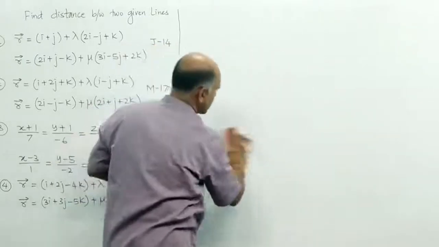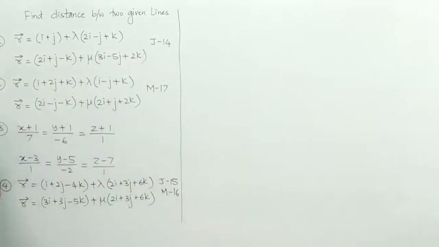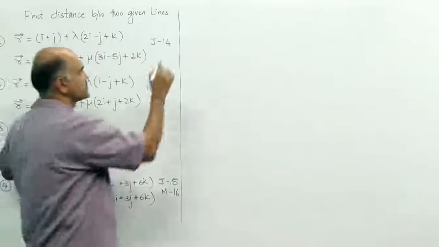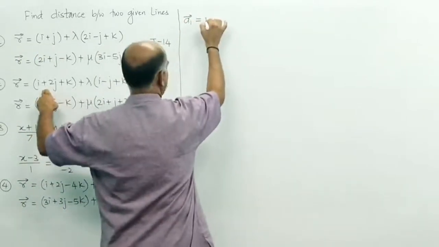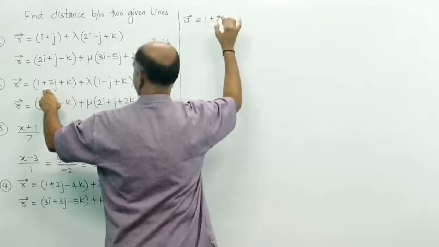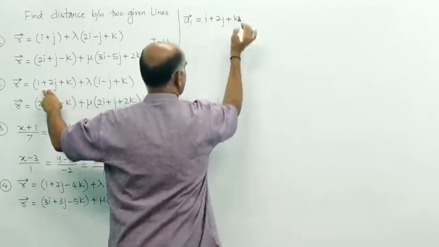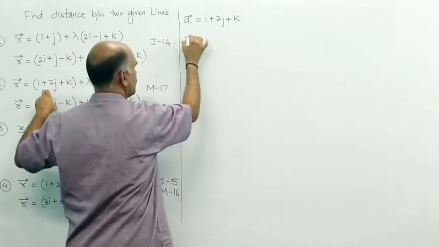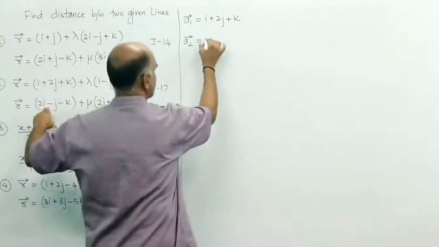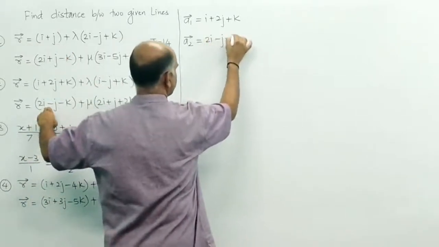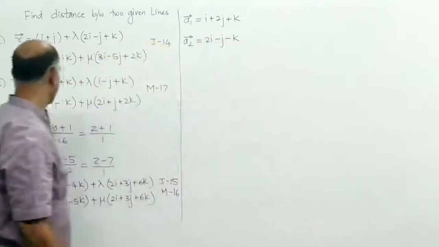So you can start solving with me. First write a1. a1 is equal to i plus 2j plus k. Then note down a2. a2 is equal to 2i minus j minus k.